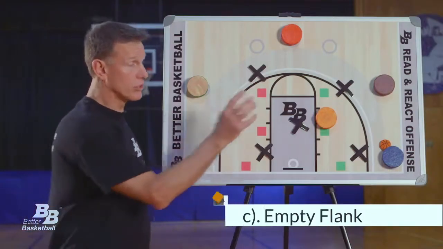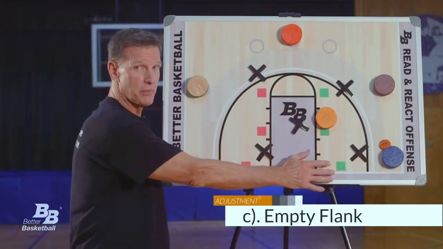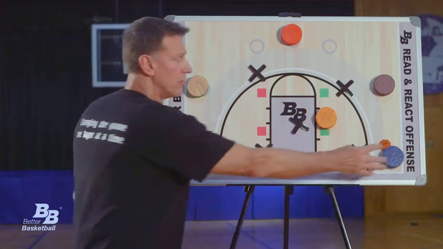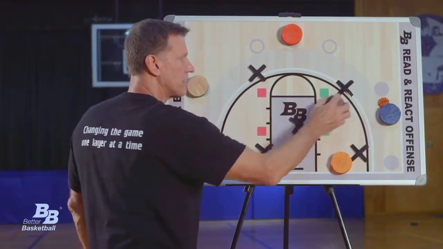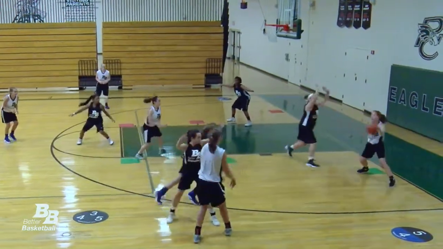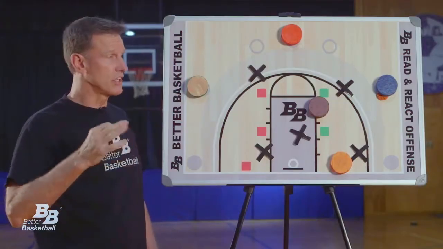Sometimes the ball is in the corner, the nail is filled, but the flank is empty. The dribble up can be used as a signal for the nail to fill the flank and the wing to fill the nail. If there's no one at the wing to cut, that's okay.